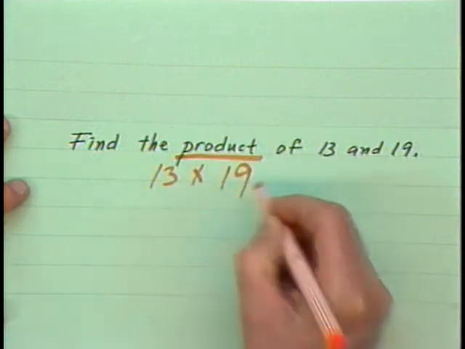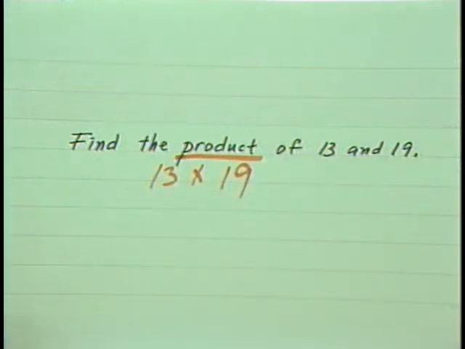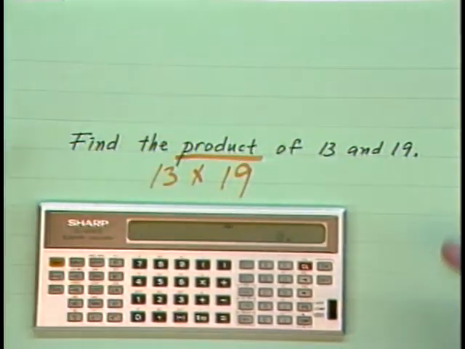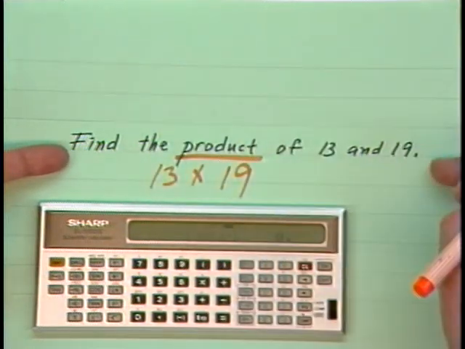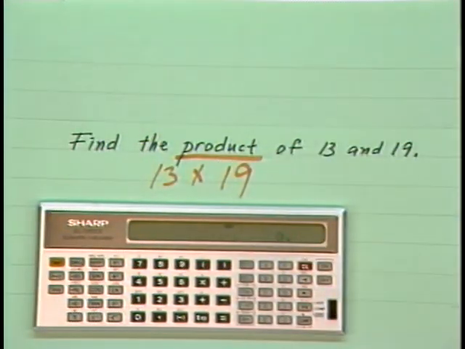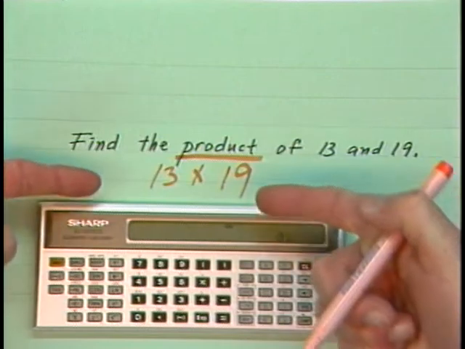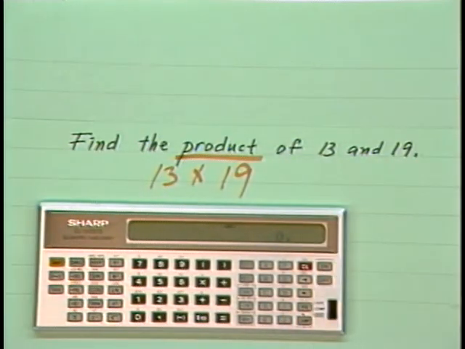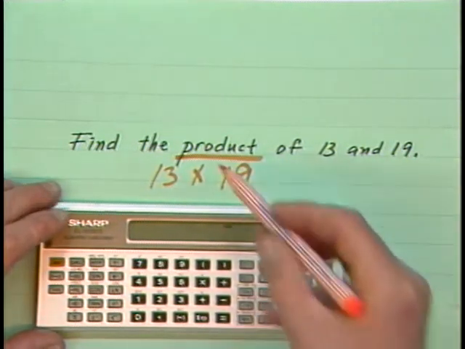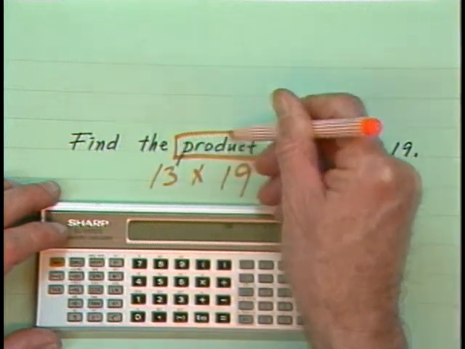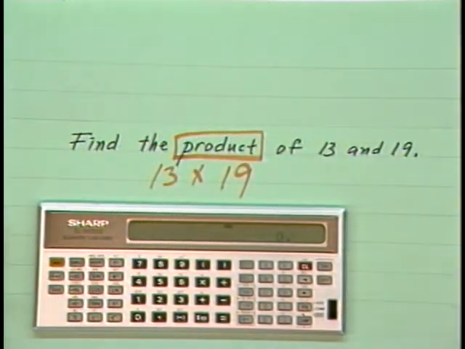and 19. So however you're going to do it, the key to this problem is not getting an answer. See, we learned how to do this in elementary school and reviewed it in the last chapter. What we're trying to do now is tie down vocabulary.